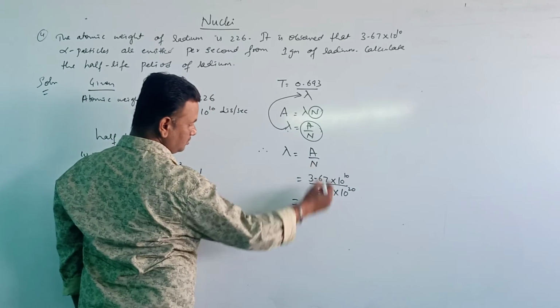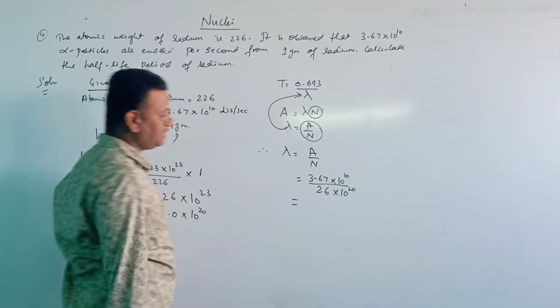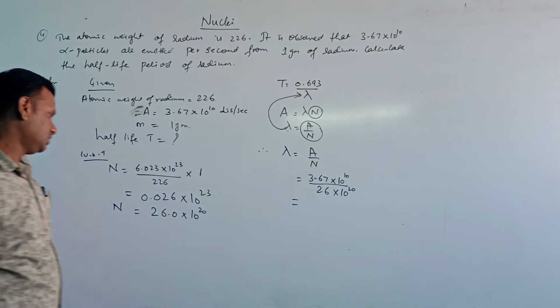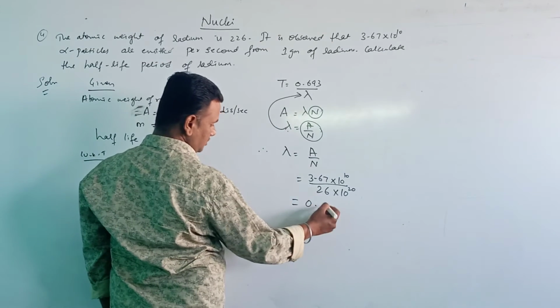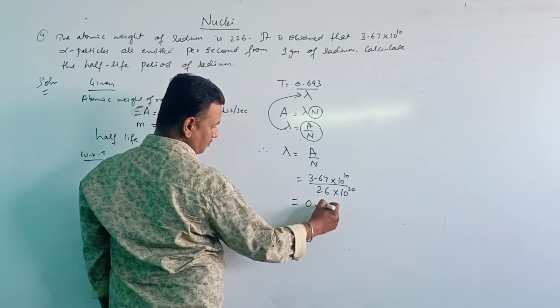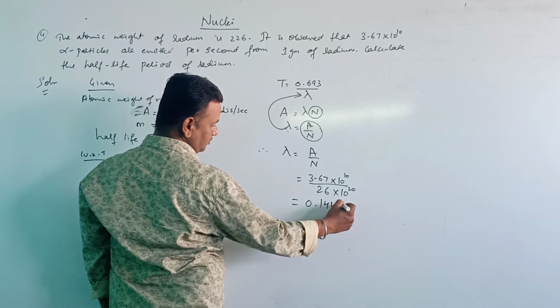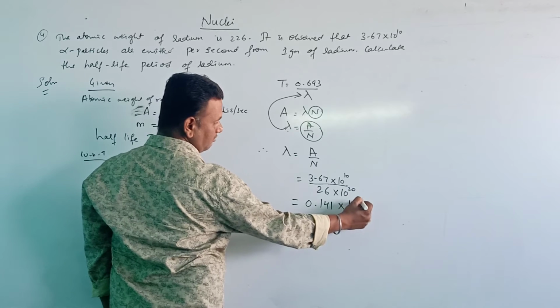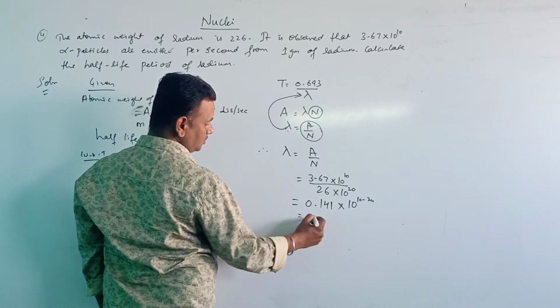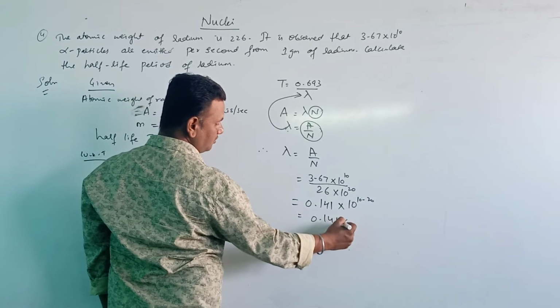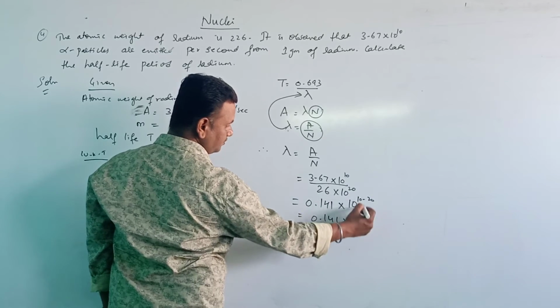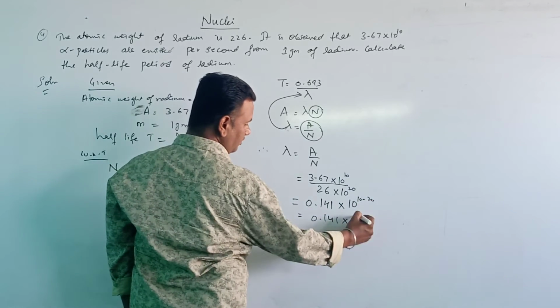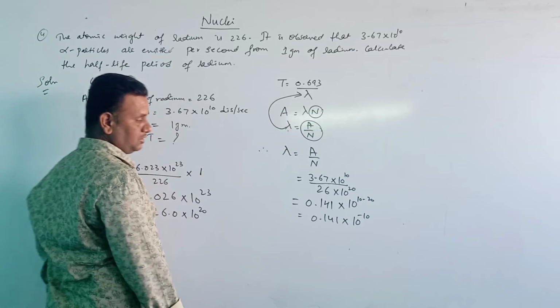So 3.67 divided by 26 is 0.141 into 10 to the power of 10 minus 20, which is 10 to the power of minus 10.